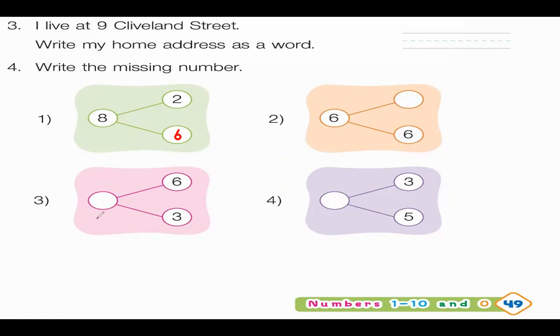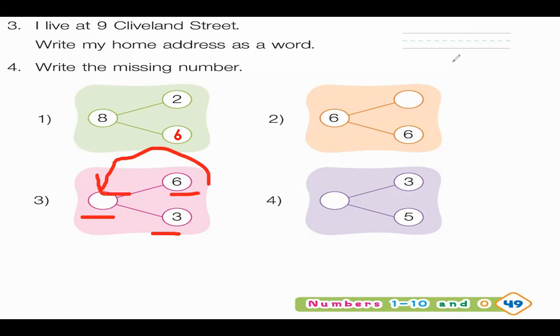How about this one? How do you calculate it? We have 6 and 3. We have to find a number so that when we add the two numbers, the result will be that number.